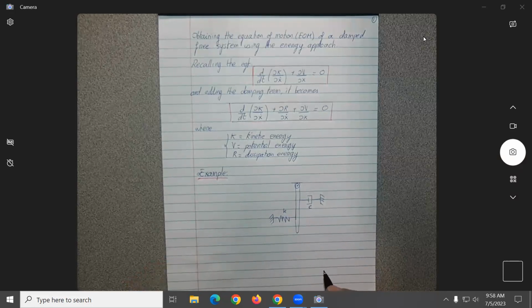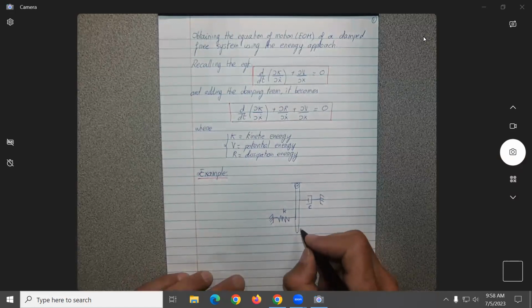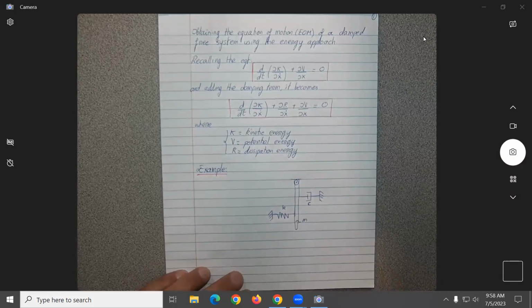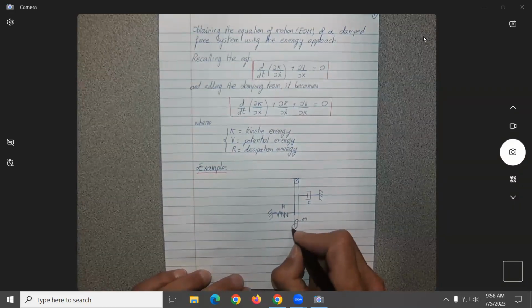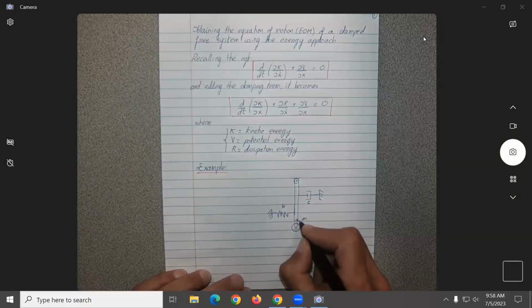Okay, so this bar has a mass M. And this is what the traditional ones do: they put the M over here, they concentrate the mass at this location, like if it was a string. So this will be M at the end.